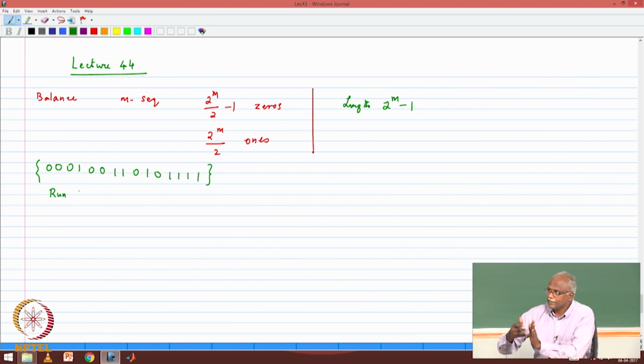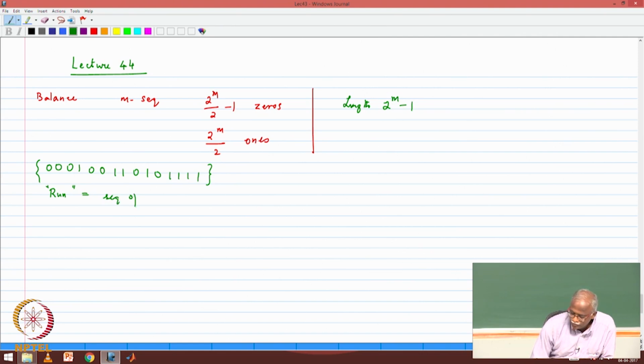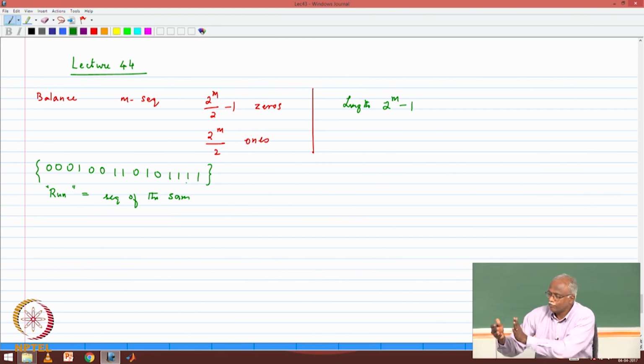A run is a sequence of successive digits that are the same. So a run represents a sequence of the same bits. If you get 0 0, that's a run of length 2. 0 0 0 is a run of length 3 of the same bit.